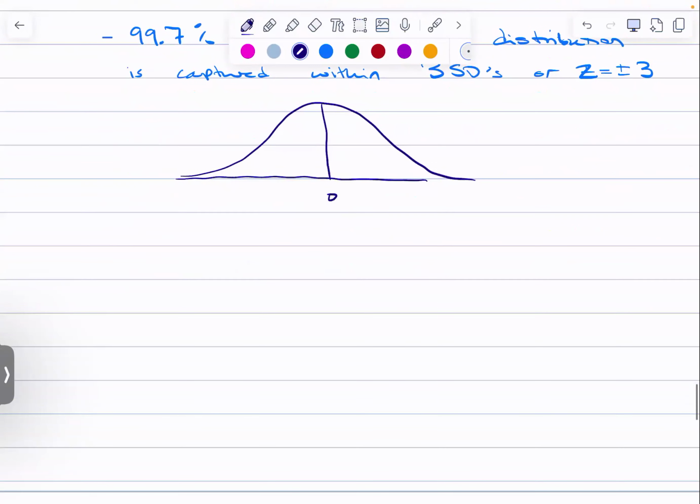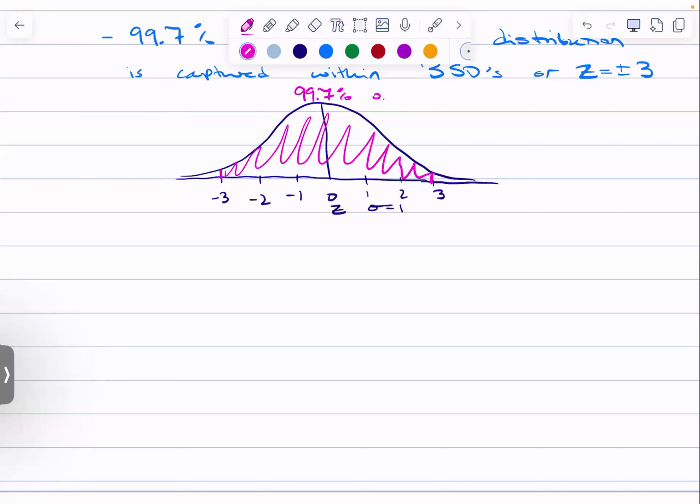Z is centered on 0 still, and sigma is 1. And I've moved -1, -2, -3, up 1, up 2, up 3. Just to visualize. Then between -3 and +3, I've got the central 99.7% or 0.997.